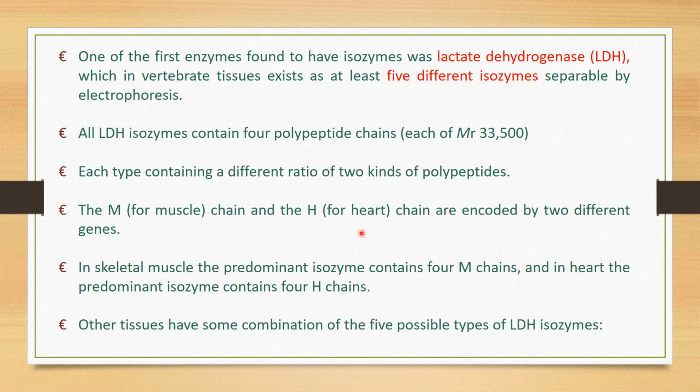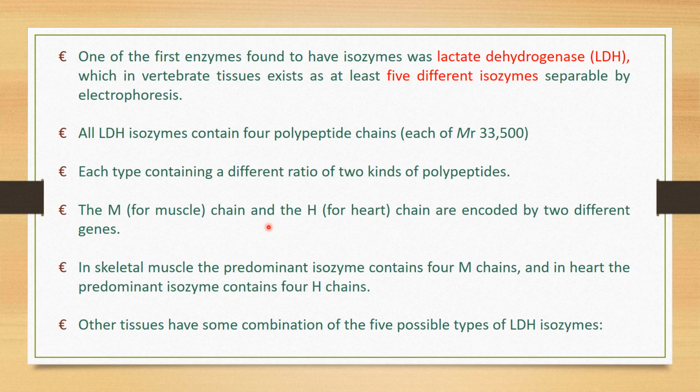Some have the 4H version. They are homopolymers of H, like in the heart tissue. Whereas in muscle, they are homopolymers of M. That means all the polypeptide chains are of the M variety.